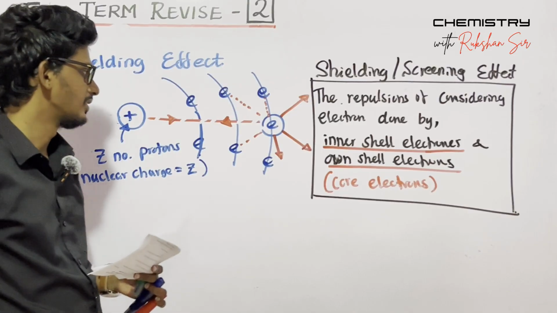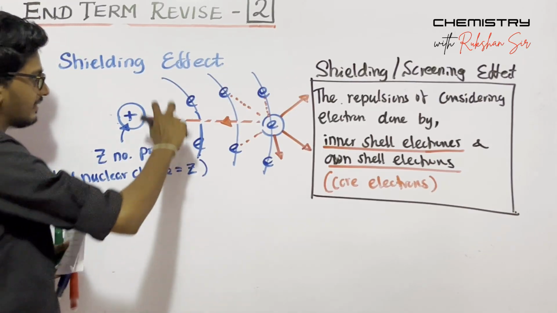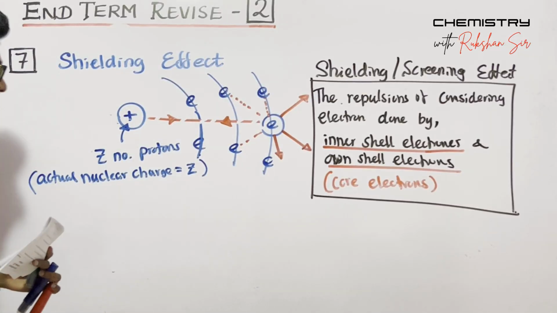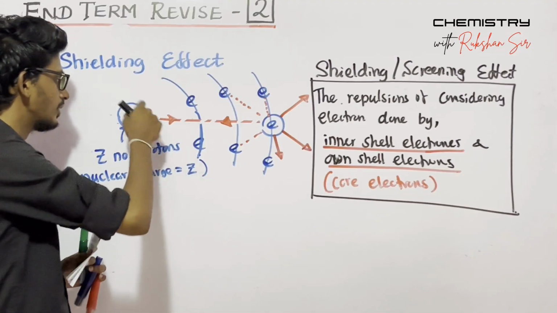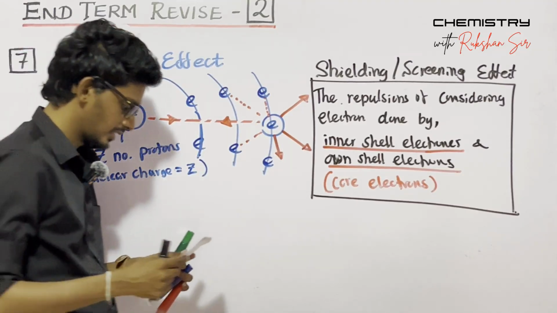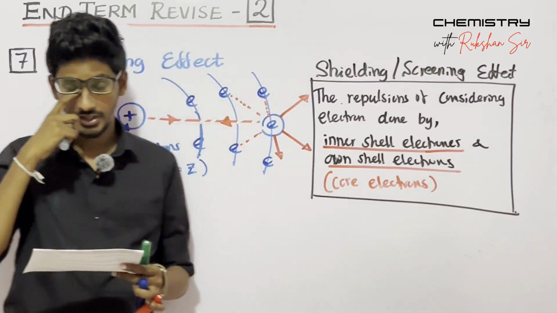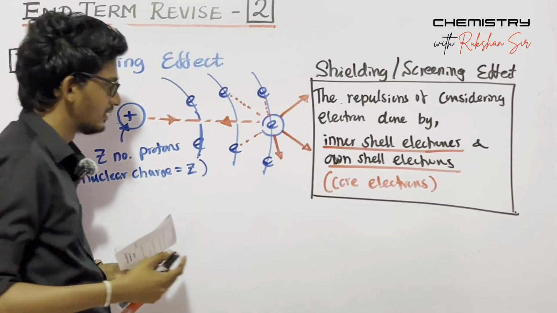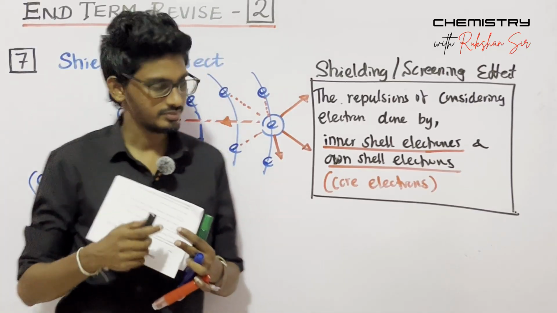Actually, that is what these inner electrons and the on-shell electrons do, to screen the nucleus from your considering electron. So that is the screening effect, and let's discuss how this matters with carbon and nitrogen.